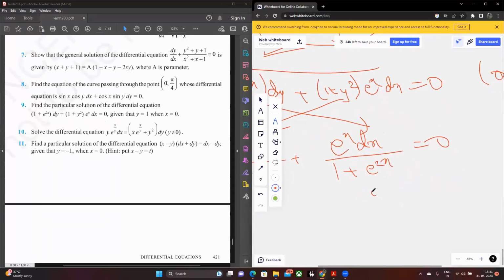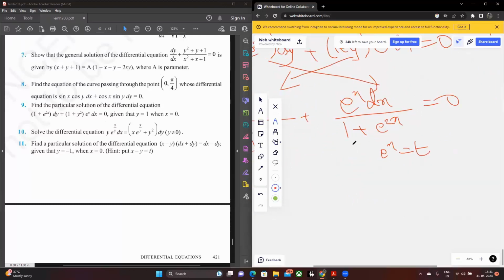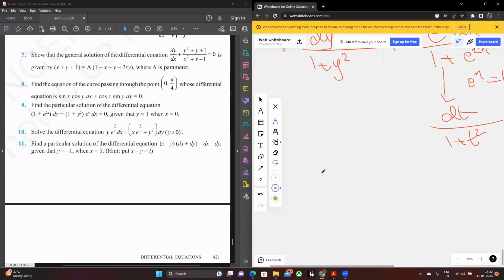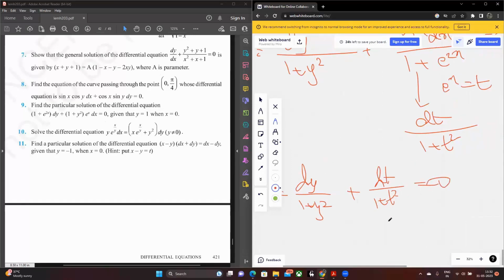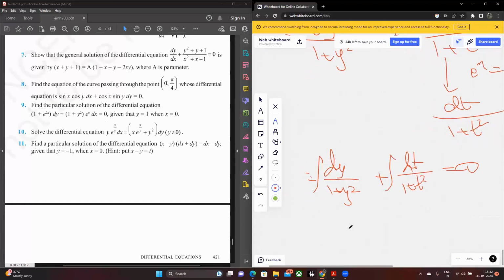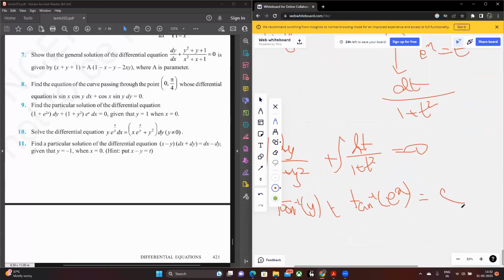Let e power x equal t. Then this term is dt divided by 1 plus t squared. So the differential equation becomes dy by 1 plus y squared plus dt by 1 plus t squared equaling 0. If you integrate this, it becomes tan inverse of y plus tan inverse of t, or substituting t, tan inverse e power x equal to a constant.